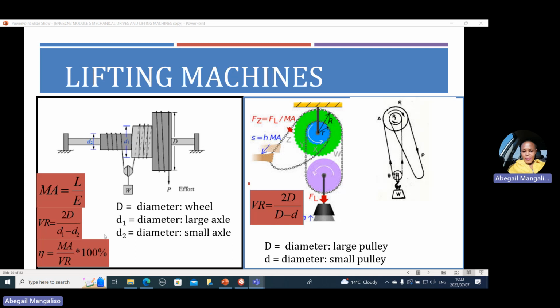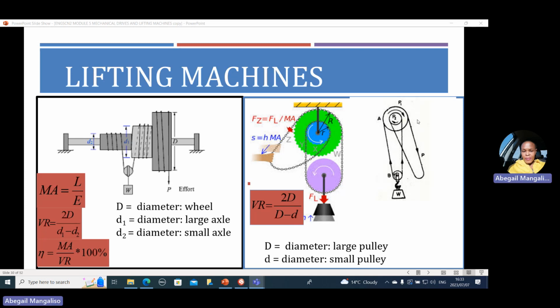If a question is based on wheel and axle, this will be the velocity ratio. Both formulas will be given in exams. You can be asked to calculate the diameter of the smaller pulley, the diameter of the large pulley, or the velocity ratio. So you can calculate any of these variables.